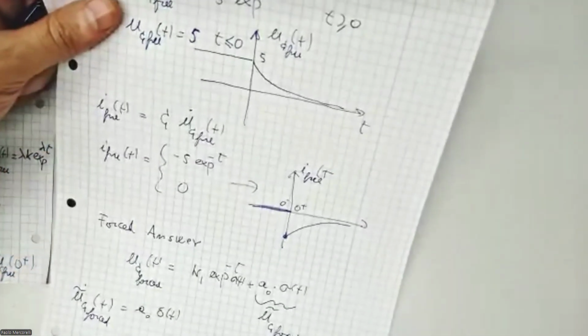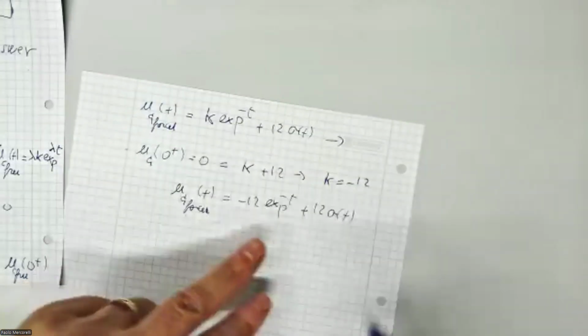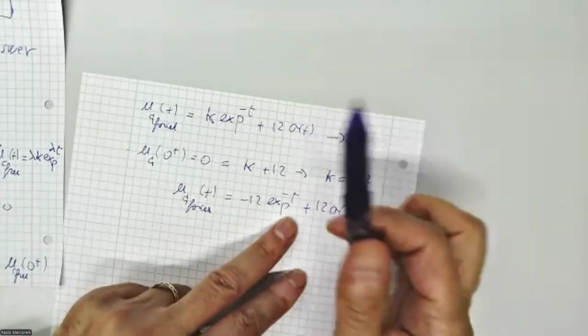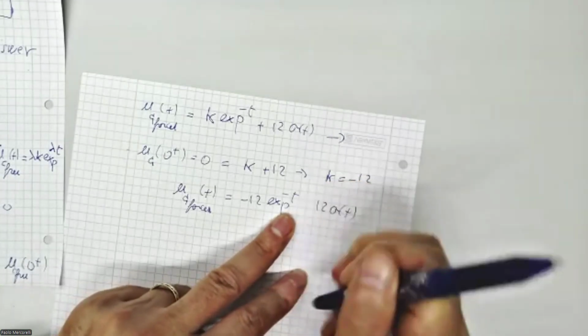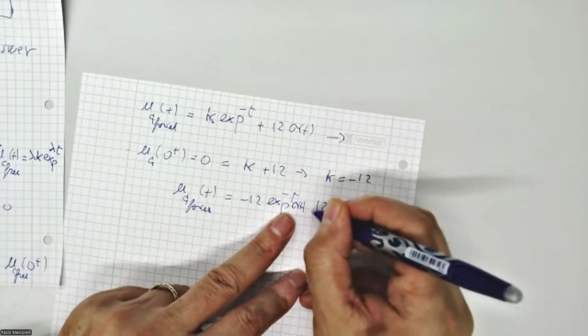Sigma, I forgot here sigma, because C force is characterized by the sigma, which is not multiplied by 0.